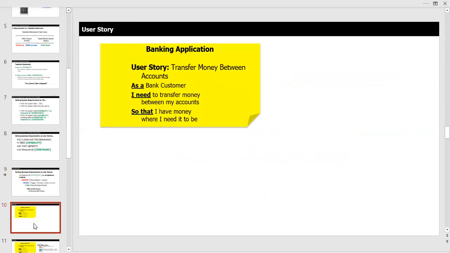Let me give you an example. This is something I'm always trying to make available to people to understand: a requirement for one person can be multiple requirements for someone else. So you're the analyst, you went out and put together a user story, transfer money between accounts.